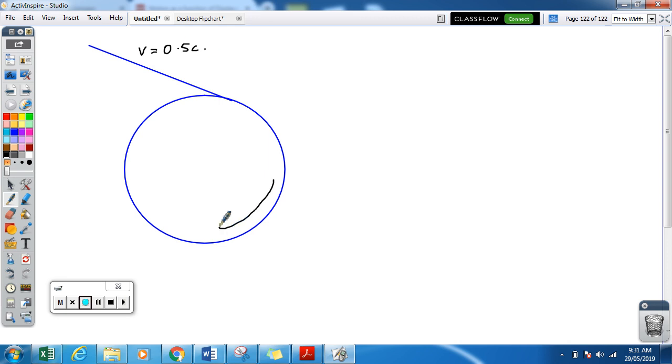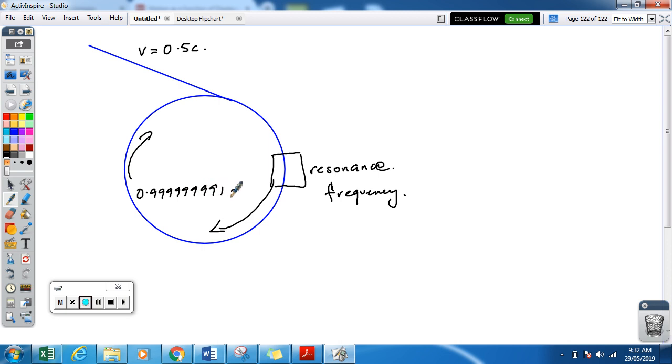As it goes around the collider, the acceleration uses a resonance frequency, and in the Large Hadron Collider there are many of those. It accelerates the proton at some stage to 0.999999991c.